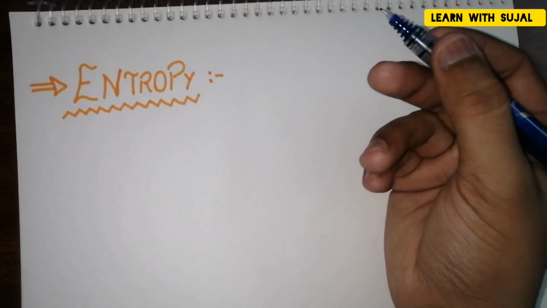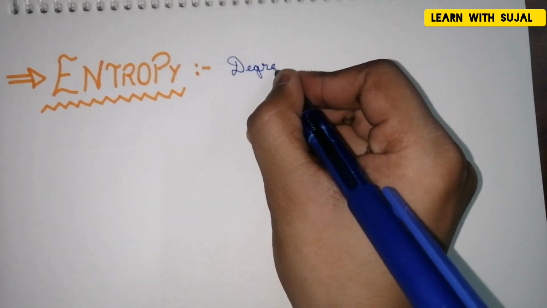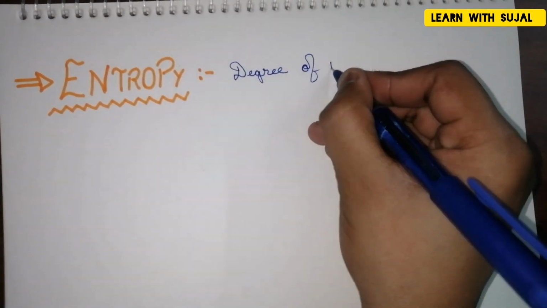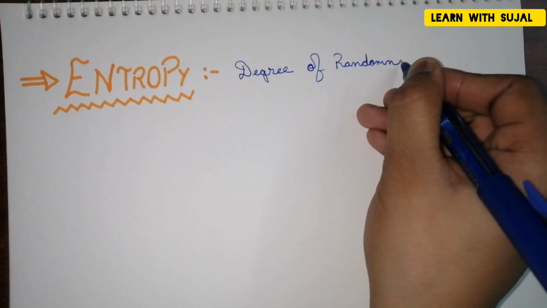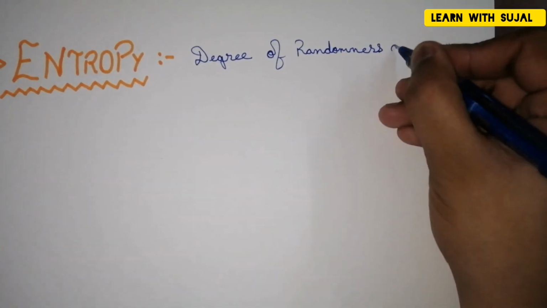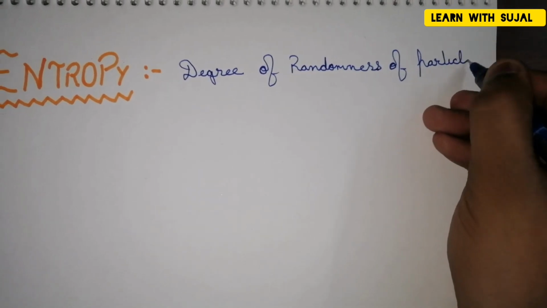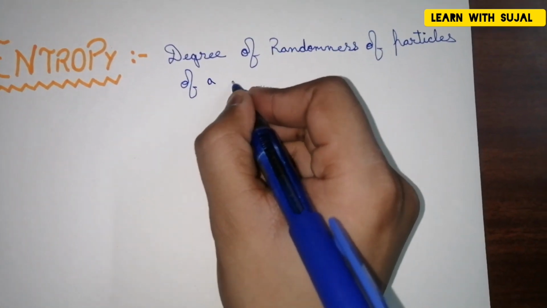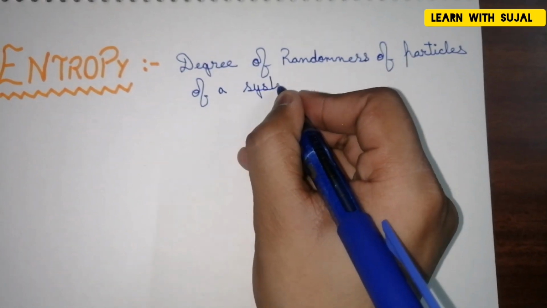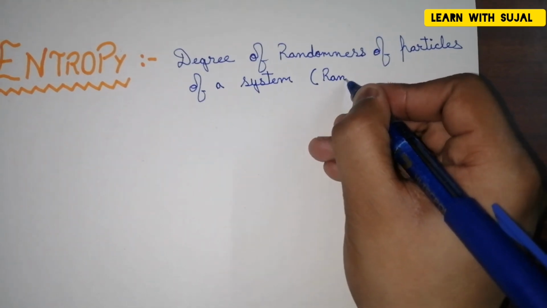Entropy, what do you mean by entropy? Entropy means the degree of randomness of particles of a system, which will do random motion.